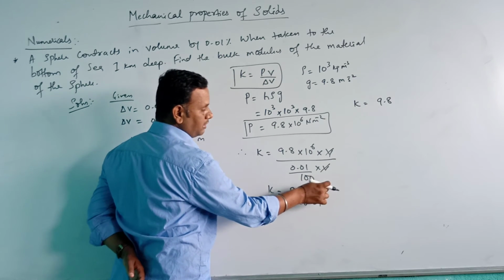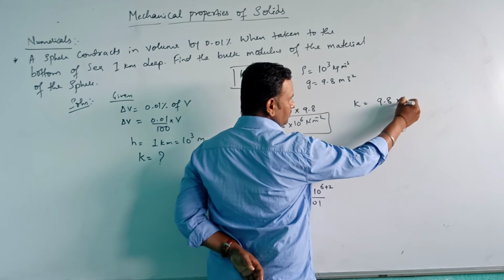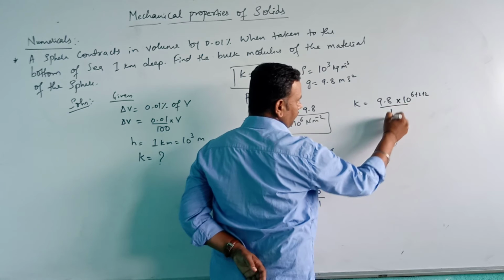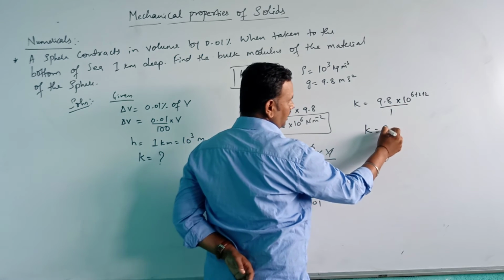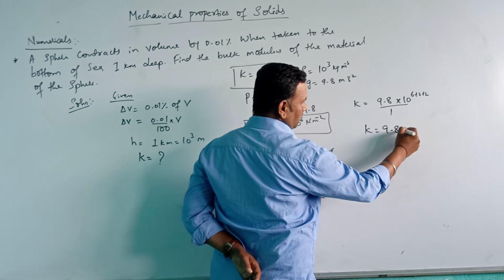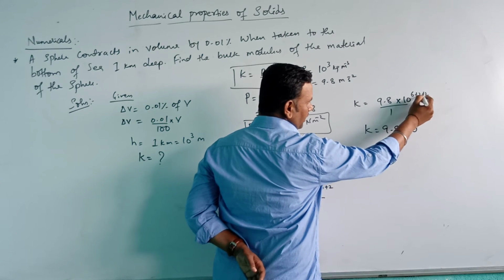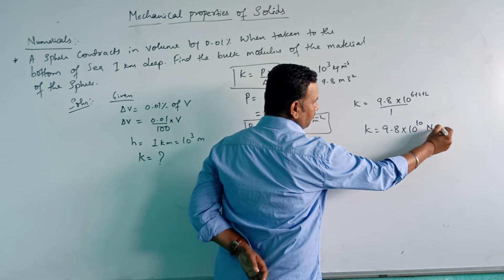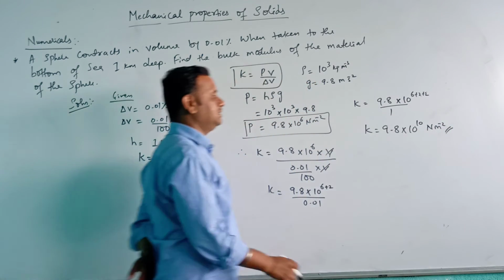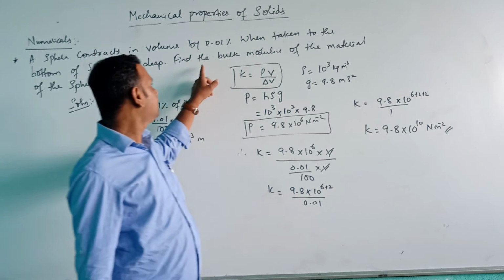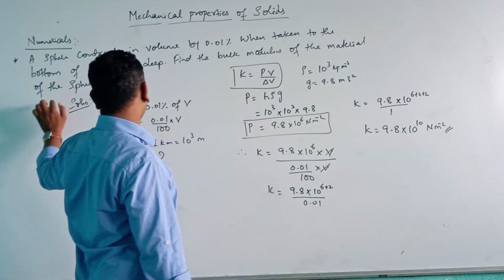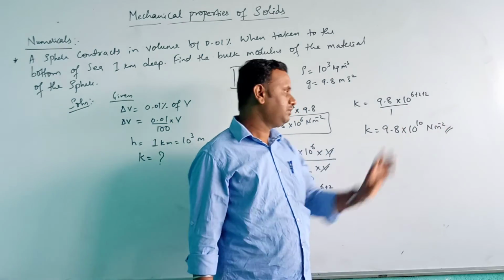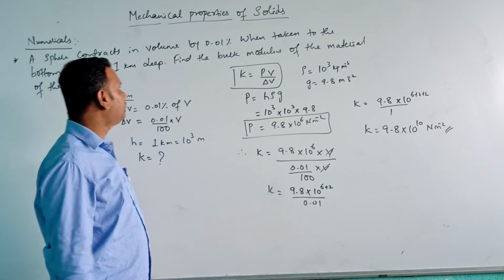Again this 100 goes to the numerator. So into 10 to the power of 6 plus 2 divided by 1. So K equal to 9.8 into 10 to the power of 8. Sorry, 6 plus 2 is 8, plus 2 more, that is 10. The unit is Newton per meter square. So the bulk modulus of the material of the sphere is 9.8 into 10 to the power of 10 Newton per meter square. So this is the solution for this question.